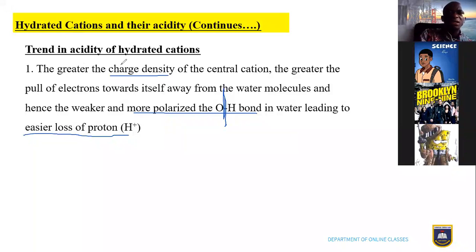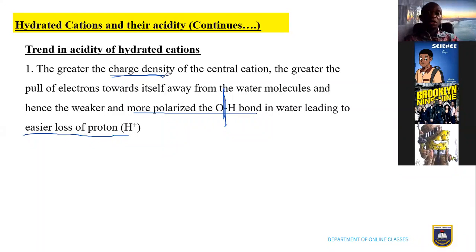Now, charge density is defined as charge over size. The charge density of any ion is the charge of the ion divided by the size. Take note of that, very important.